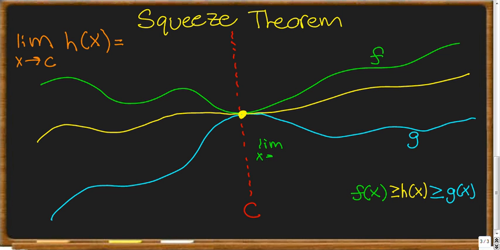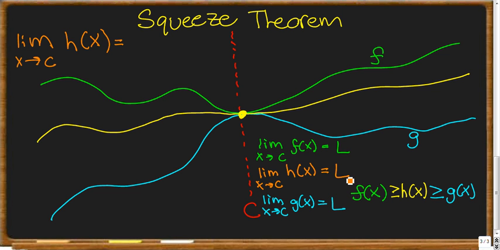Well, if I knew that the limit as x approached C of f of x was, we'll say, some number L, and I also knew that the limit as x approaches C of g of x was also L, meaning that their limits match, then that would infer that the limit as x approaches C of h of x is also L. Because in this situation, g of x is always less than or equal to h of x, which is less than or equal to f of x.